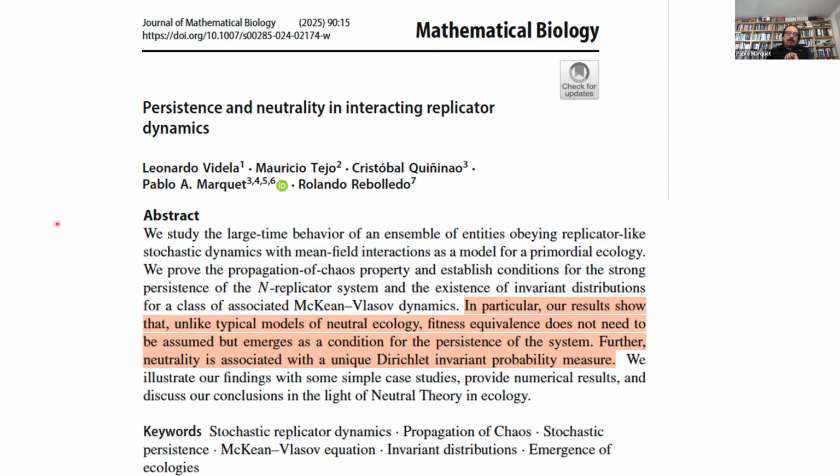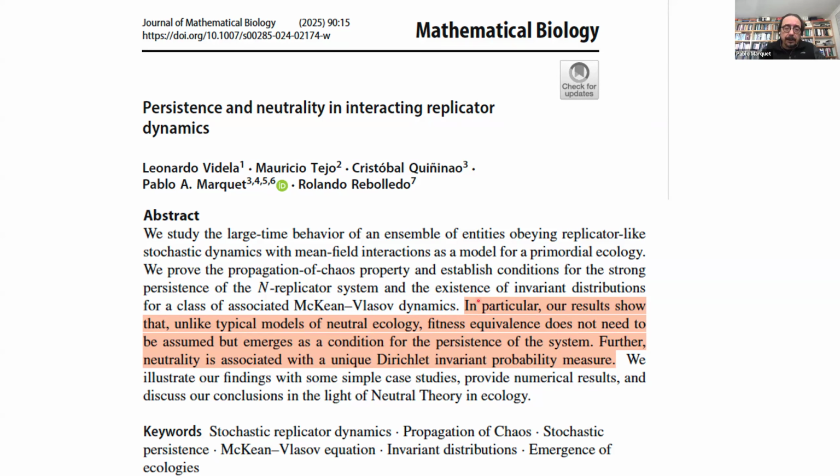So the challenge with what we did was to work with n replicators to do this stochastic analysis of large numbers of replicators.